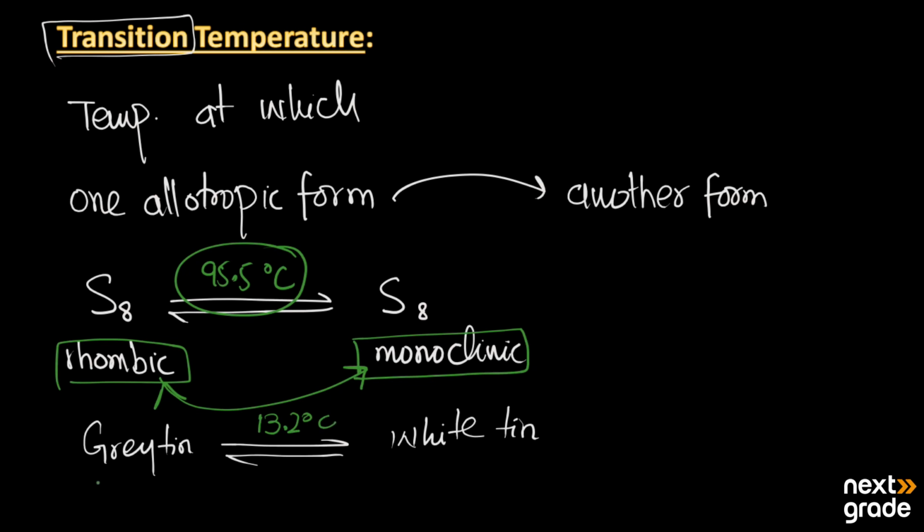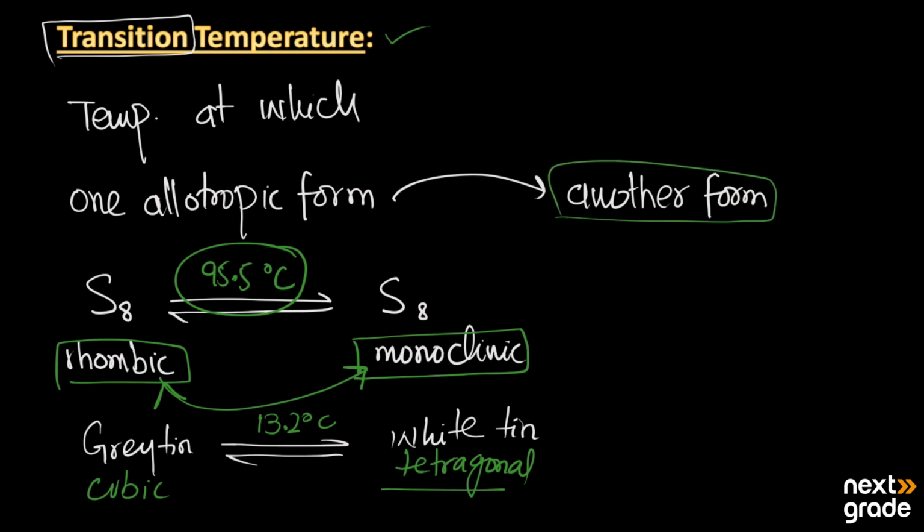Here its structure is cubic and white tin has a tetragonal structure. So this is about the transition temperature, simply one allotropic form converted into another allotropic form.